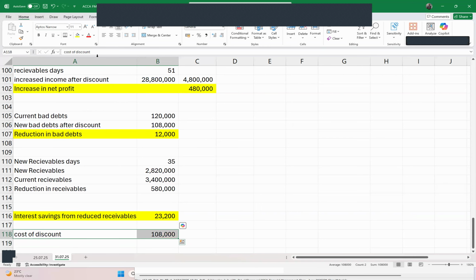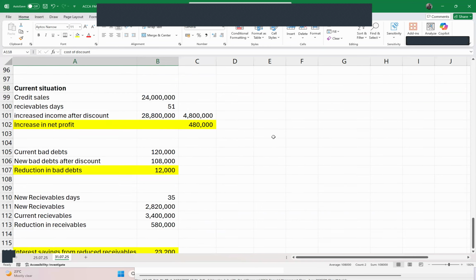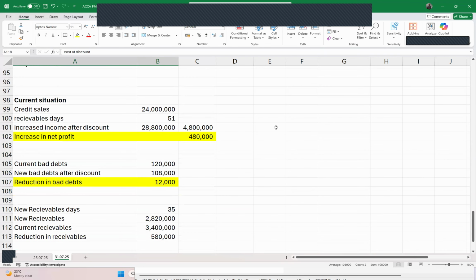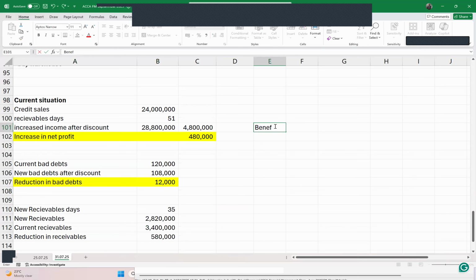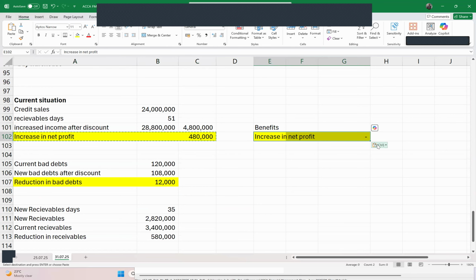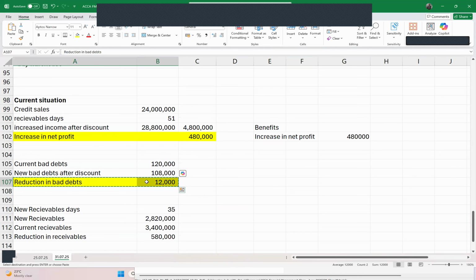Now, everything that I've highlighted, you need to categorize, because right now I've just explained each of them. You have the benefits, and the benefits we have are increased net profit. This is a benefit. You have reduction in bad debts, it's a benefit.